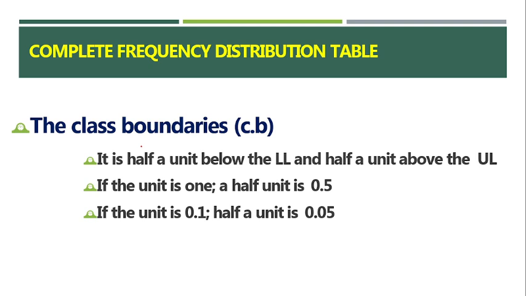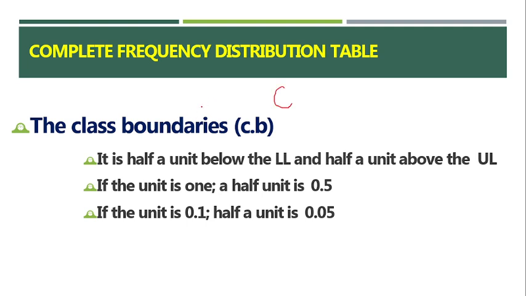Next is class boundaries. This is the one I mentioned a while ago with regards to your class intervals. When we say class intervals, these are the intervals of your class, correct? But your class boundaries will refer, again, to your class interval.